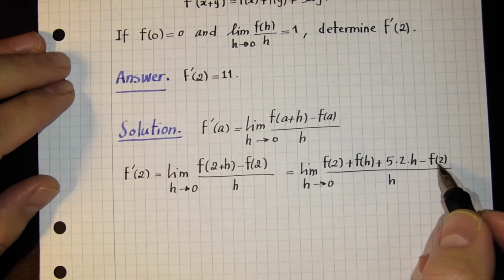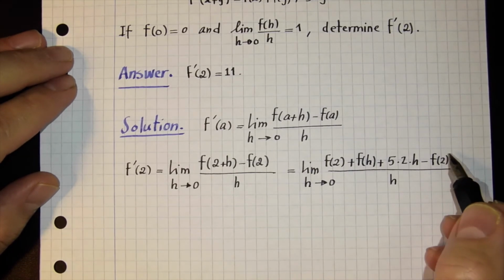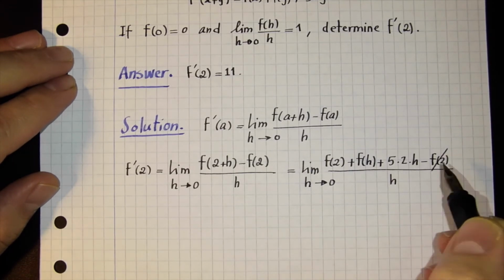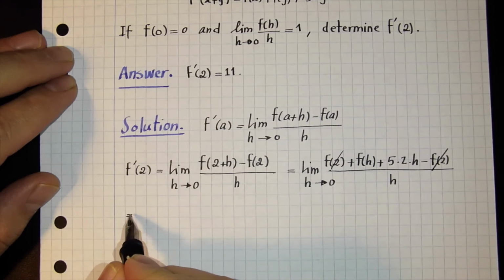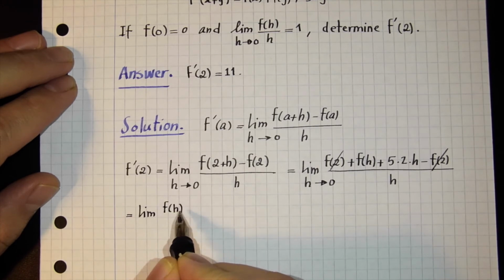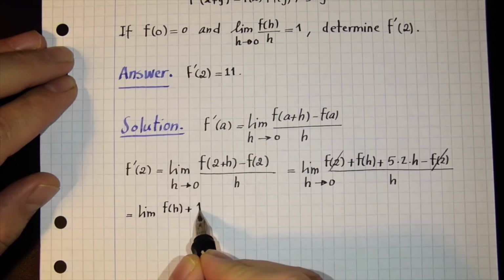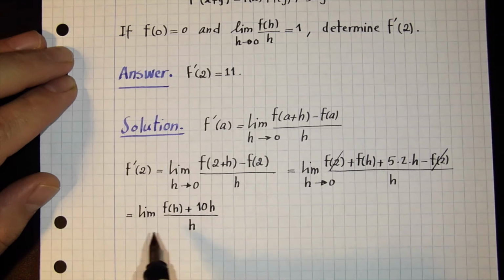Okay, even though we don't know what f of 2 is, we don't need that because it is simply cancelled out. And so this becomes the limit of f of h plus 5 times 2, which is 10, times h, and then divided by h as h goes to 0.